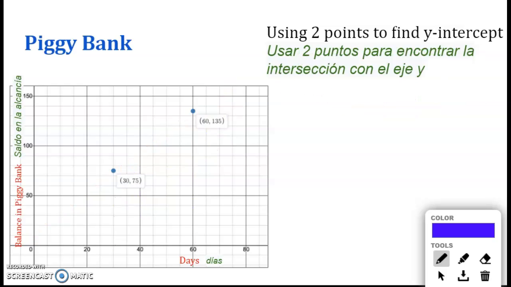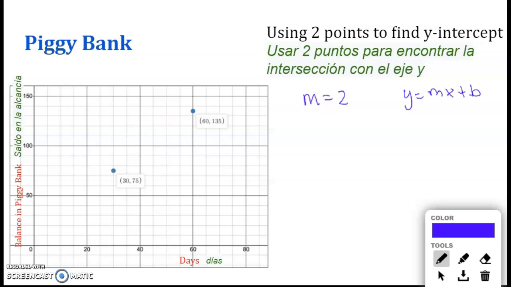Now this time let's use the 2 points to find the y-intercept. We figured out what the slope is, and that's the first thing you should always do: figure out the slope. From the previous slide, m is 2. So what do we know so far of y equals mx plus b?